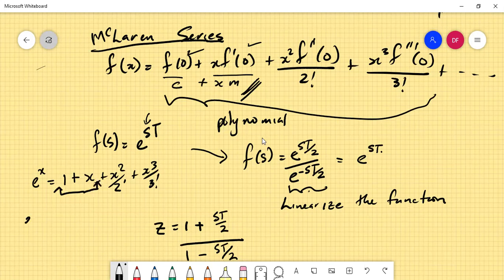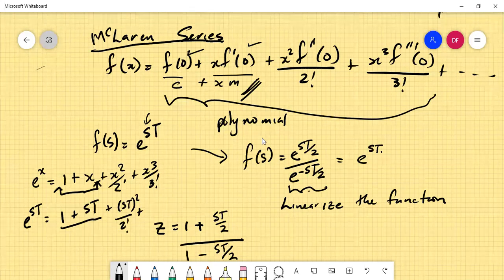So if we were to do e to the st, then the linear form of that would be st plus st squared over 2 factorial plus. But for our purposes, we don't do the linear form of e to the st, we do the linear form of e to the st over 2. So that's why we end up with this as our z.